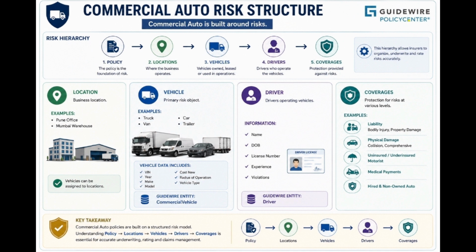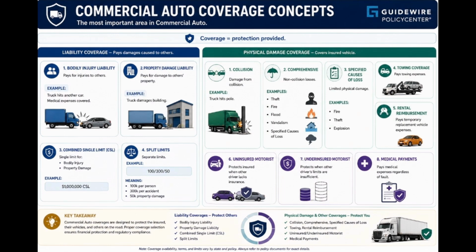Guidewire entity: driver. In commercial auto insurance, the vehicle is the primary risk being insured, and several vehicle attributes are used to assess risk, determine eligibility, and calculate premium. Understanding these attributes is essential for underwriting, rating, policy administration, and claims processing. The Vehicle Identification Number, VIN, is a unique 17-character code assigned to each vehicle by the manufacturer.